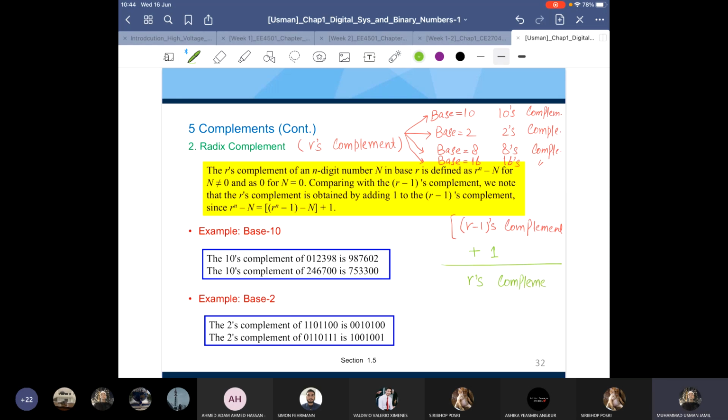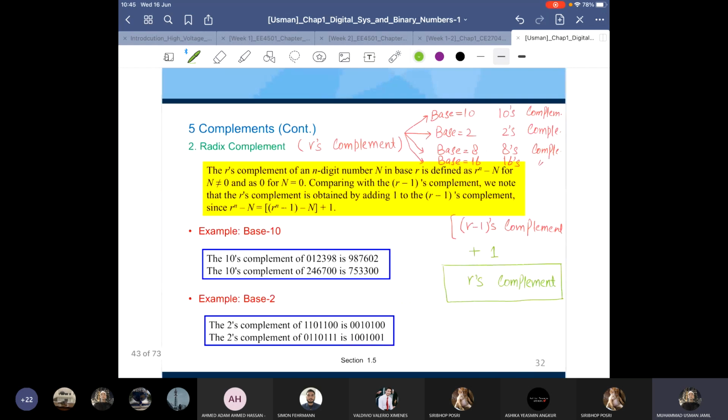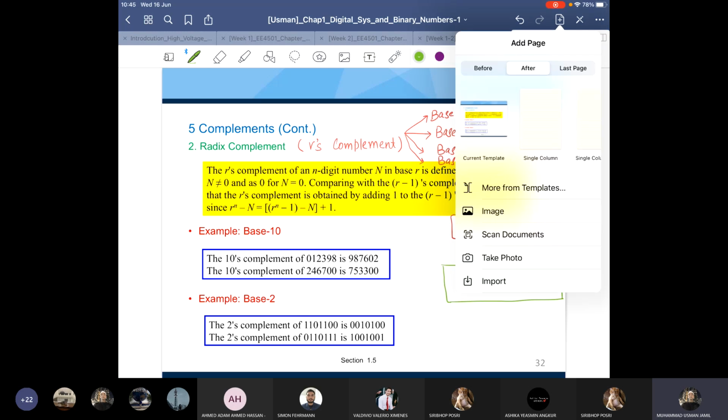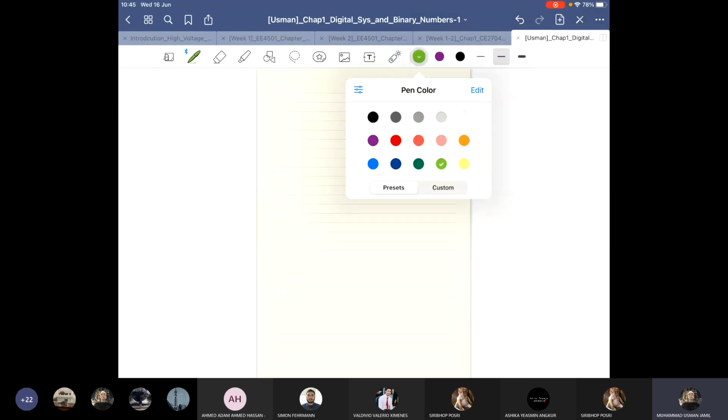Okay, so that will be your R's complement. Now based on this, from this number we have to find the tens complement. So how can we find it? Let me go to the next page so I can solve an example.